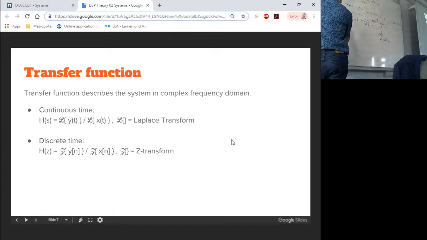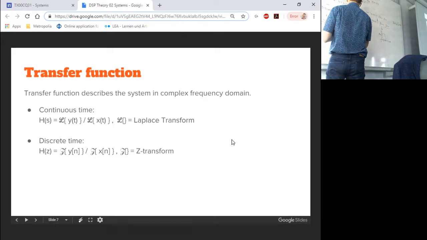You have a linear time invariant system with a function of something. You have y of n going out. It works exactly the same for Z transform signals. Z transform of x of n comes in, and Z transform of y of n goes out.